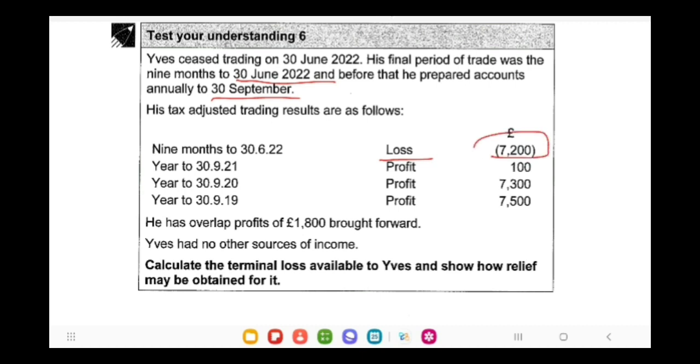Before that his trading period is different. It is 30th September year ending, in which he has earned a profit of 100, in the previous year 7,300, and before that 7,500. His overlap profit is 1,800. He has no other source of income. Calculate the terminal loss available and show how relief may be obtained for it.